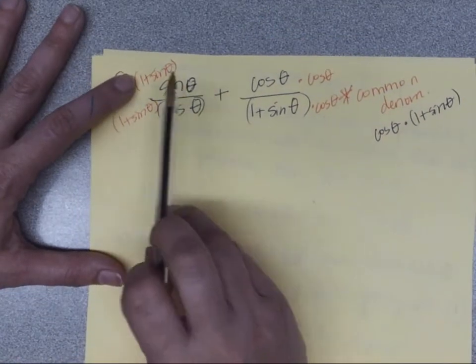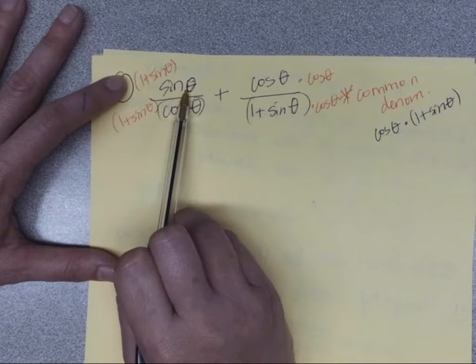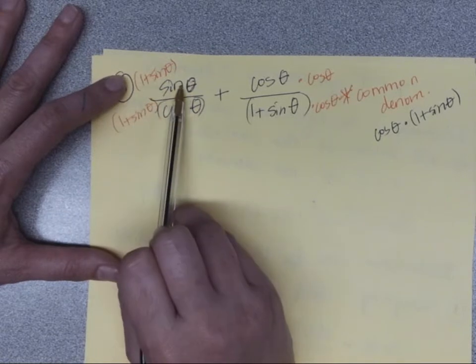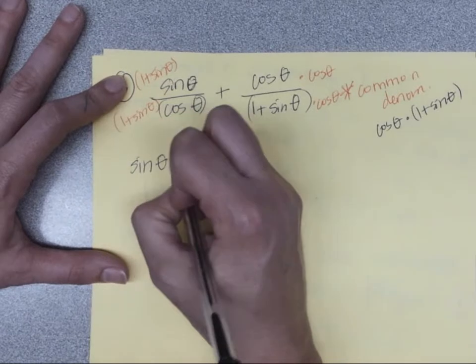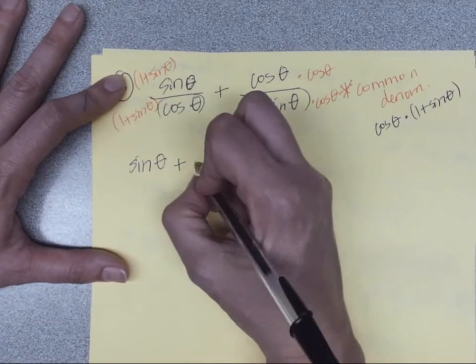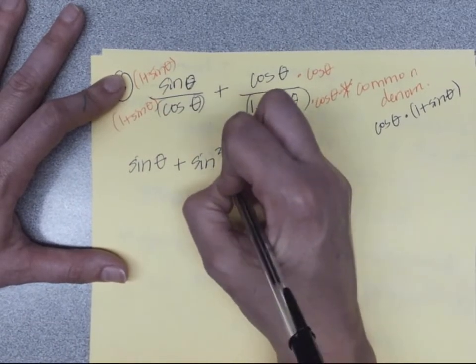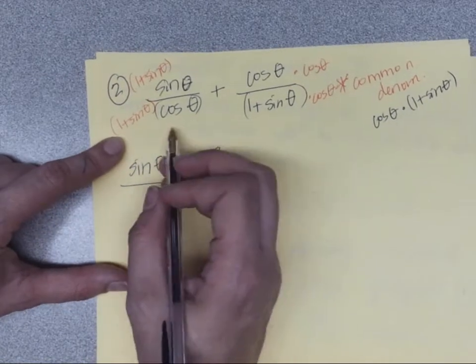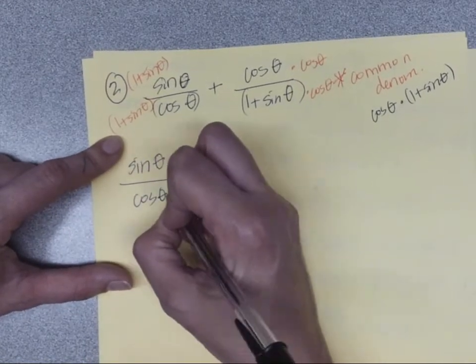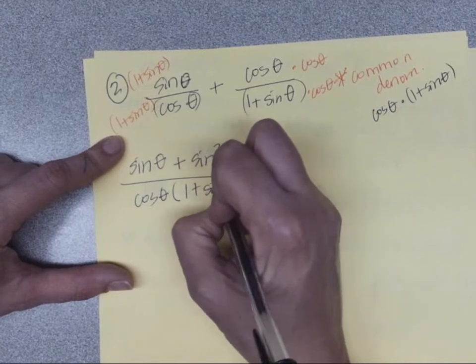Okay, so for the first one, 1 plus sine theta times sine theta, you're going to have to distribute. So I need to do sine theta times 1 to get sine theta, plus sine theta times sine theta is sine squared theta. Over on bottom, this is just my common denominator, cosine of theta times 1 plus sine of theta.